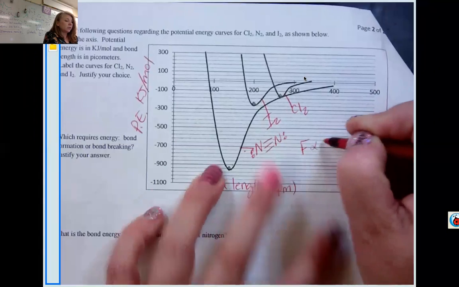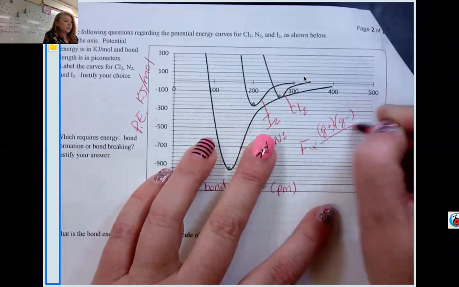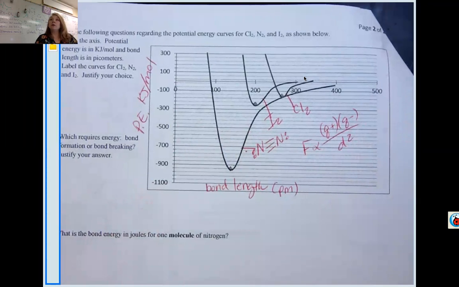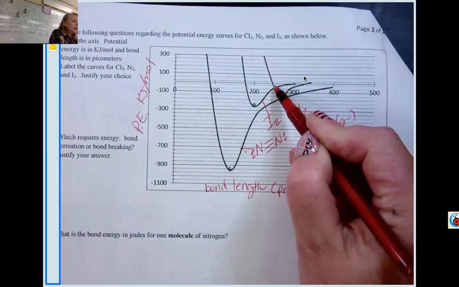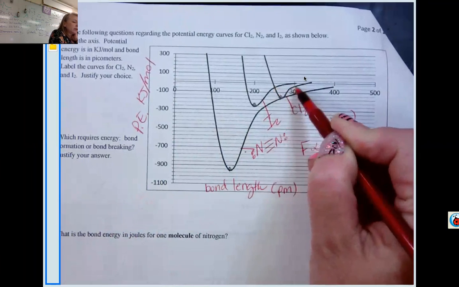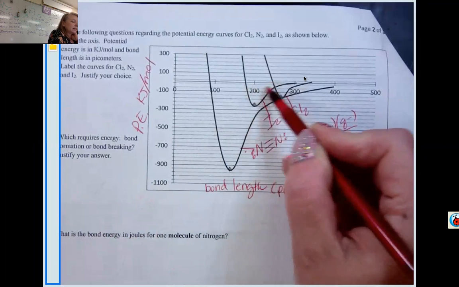Force is proportional to Q positive times Q negative over distance squared. Now, even though chlorine is a much smaller atom, those two atoms are smaller, they can get closer to each other, okay? So their bond length is going to be shorter, if you look here, versus the iodine, which is going to have a much larger bond length, okay?